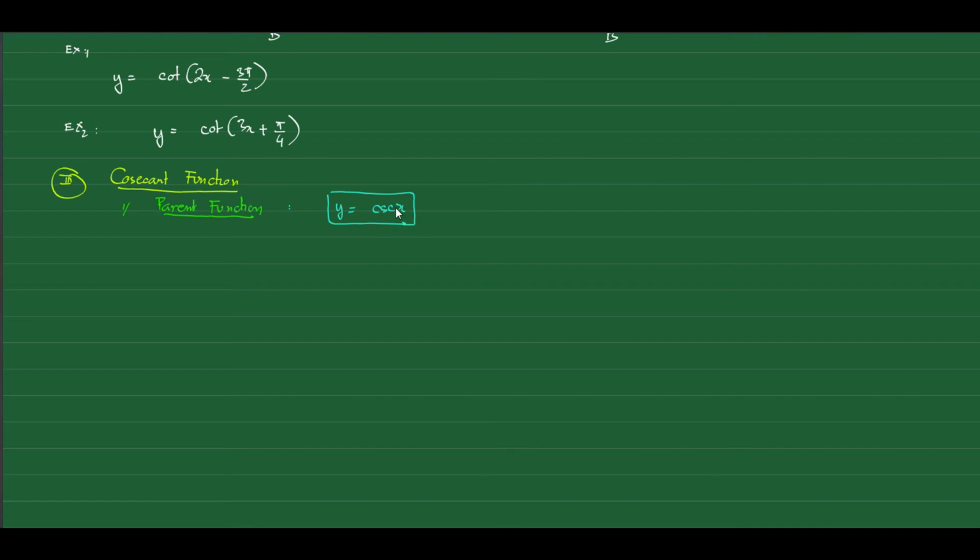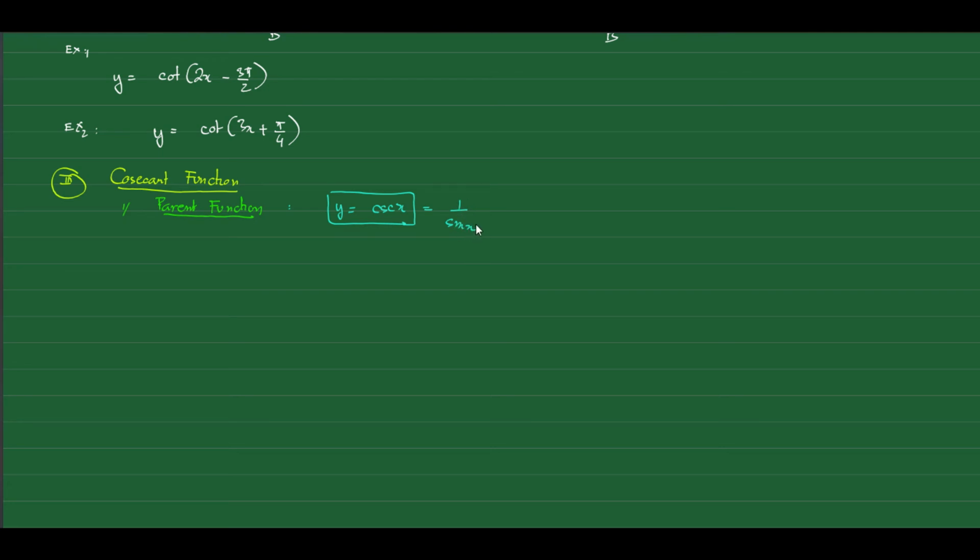And as we know, the cosecant is 1 over sine, right? So that's why the domain is not going from negative infinity to positive infinity anymore, because over here it is undefined at sine equal to 0. 1 divided by 0 is undefined.